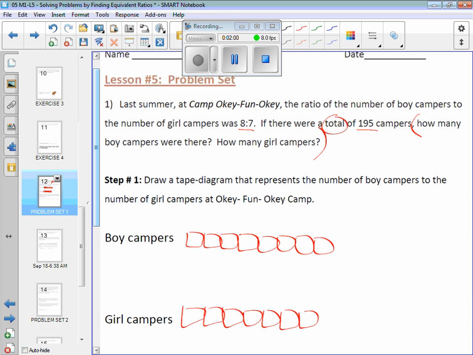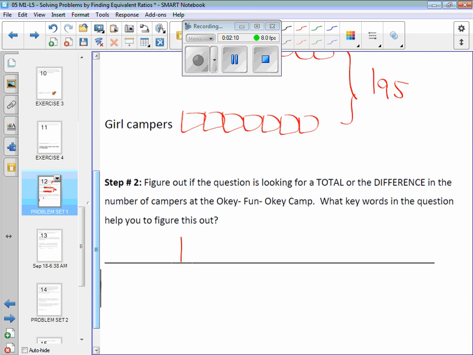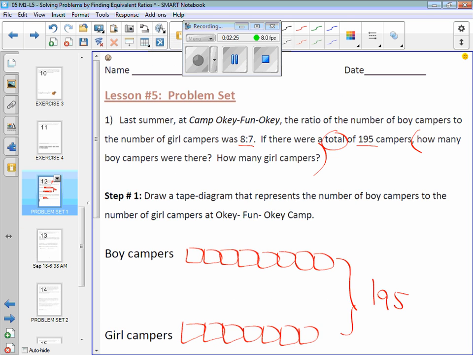So it is total. And if you think about it, all of these boxes are representing 195. That's kind of what the visual model is trying to show you. So yeah, it is total. You add up all the boxes between boy campers and girl campers.